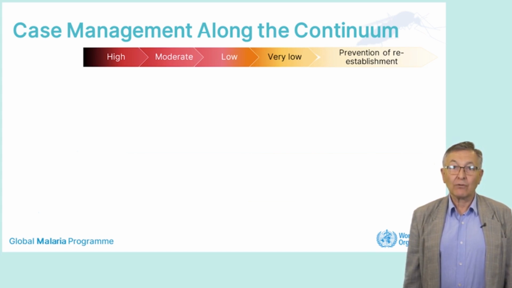The goal for all case management is to provide universal access, that is, for everyone who needs it, to early, quality-assured diagnosis and prompt effective treatment with the objective of reducing morbidity and mortality. Effective case management prevents serious morbidity and death across the continuum. In areas approaching elimination, case management takes on additional objectives related to interrupting transmission.